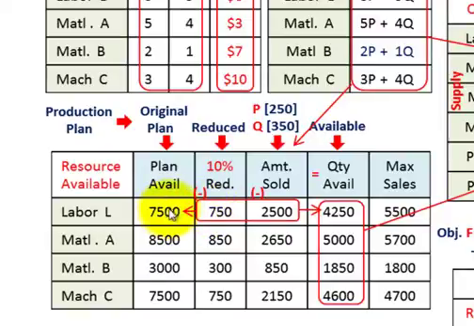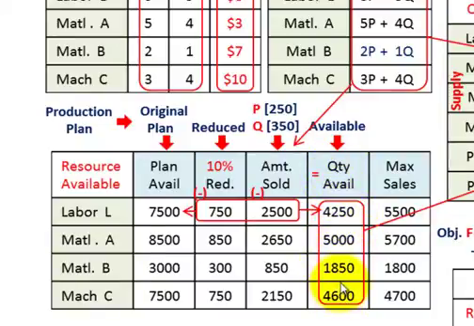Reduction of 10%, say that was 750 from a labor available of 7,500, and then an amount that we sold or we already have locked in, based on those unit resources that we have for both P and Q. We take those amounts, subtract those, and this is the quantity available that we're going to be dealing with.